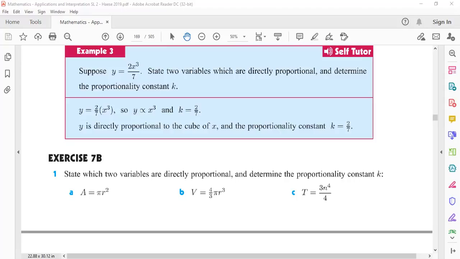Yeah, 3 upon 4 is the answer. Okay. And you can say T is directly proportional to n raised to 4. Okay. So now second question.